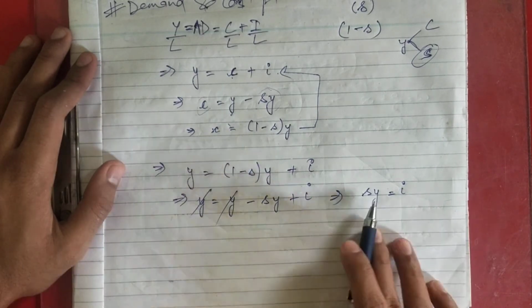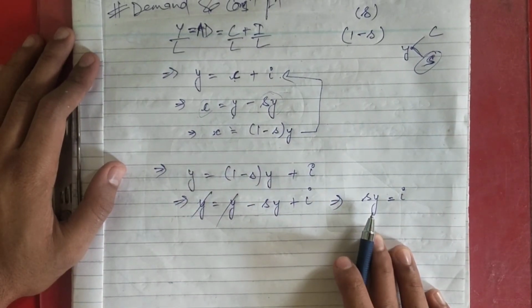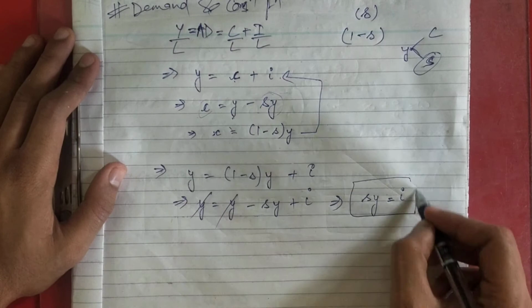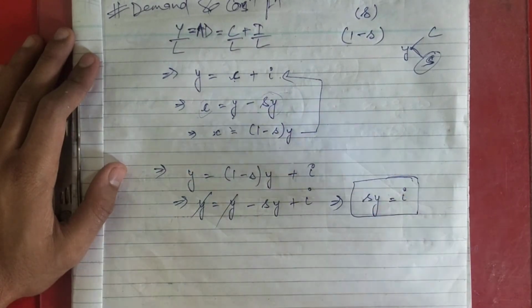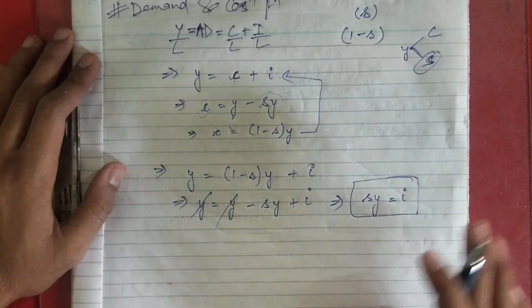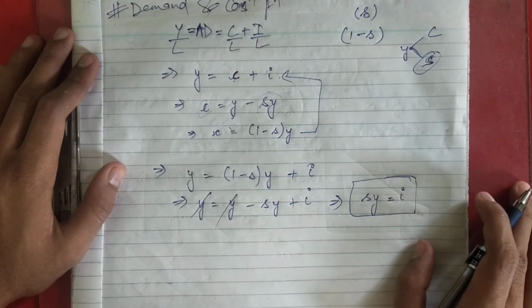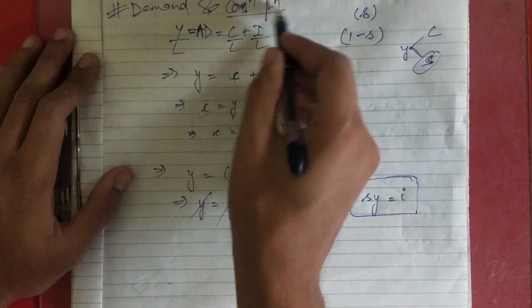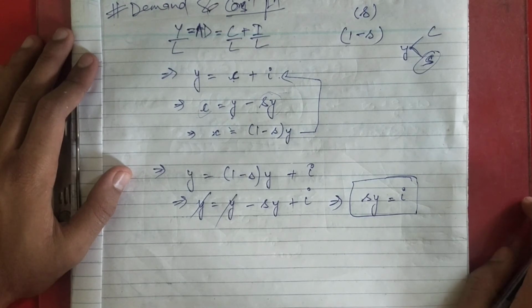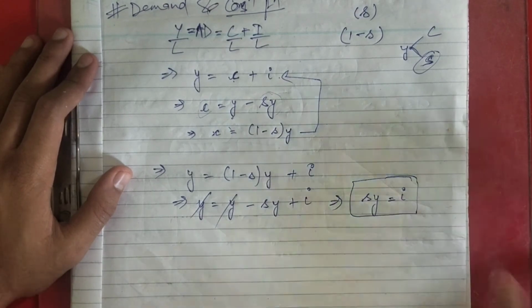Whatever you are saving, you are investing. That is, investment is equal to saving. So the production function and the consumption function, which we have done, are the two main elements of the Solow model.